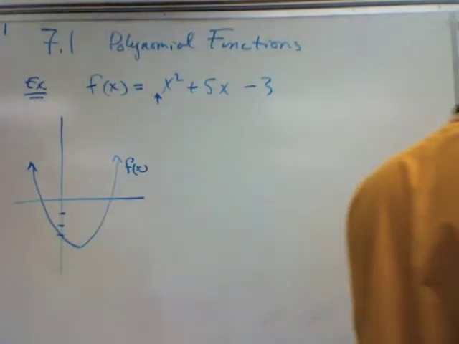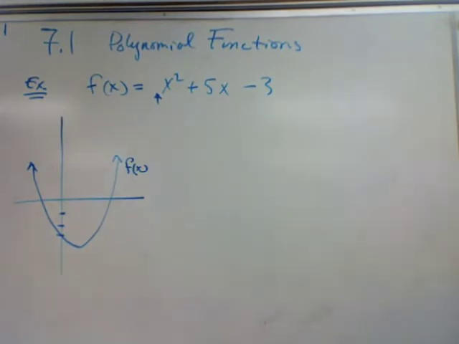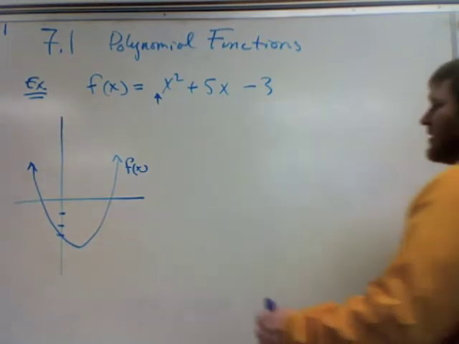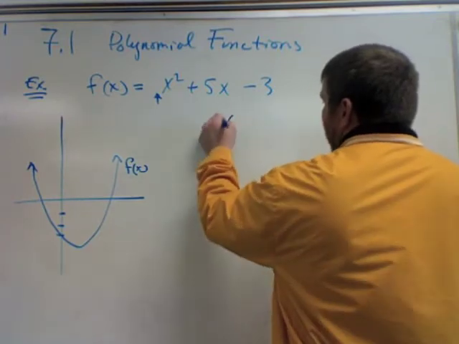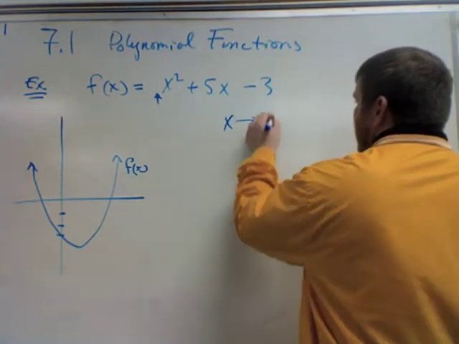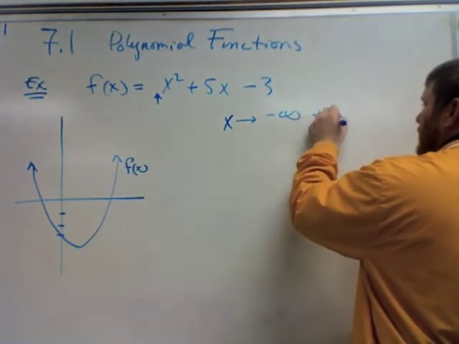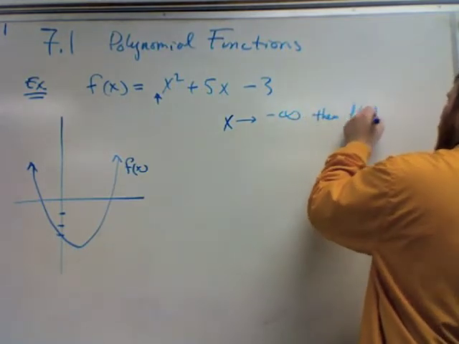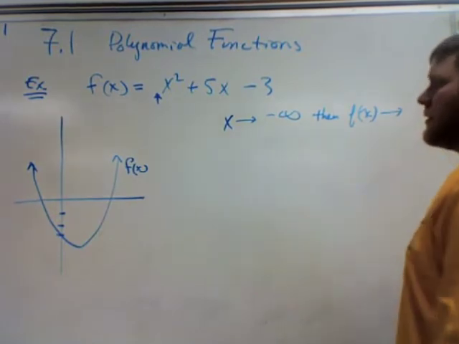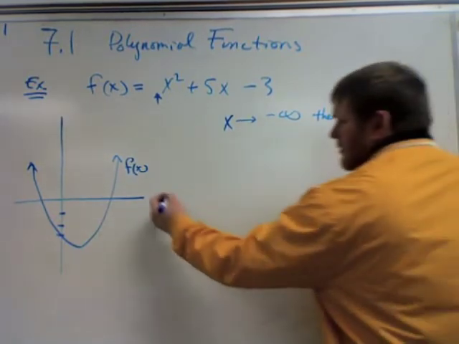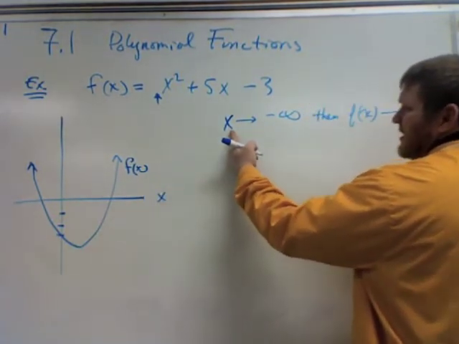Now I want to know the end behavior of the graph. As x approaches -infinity, what does f of x do? Then f of x approaches what? What am I referring to when I say x?